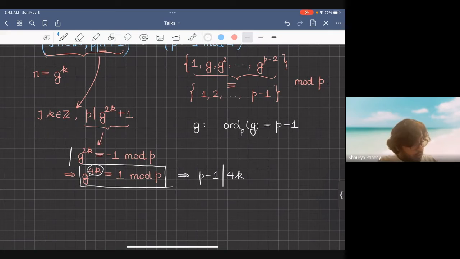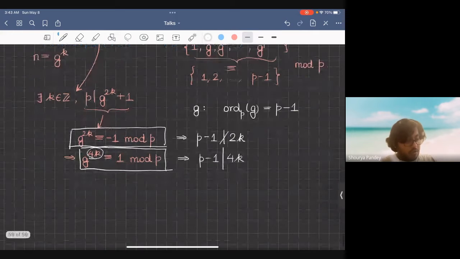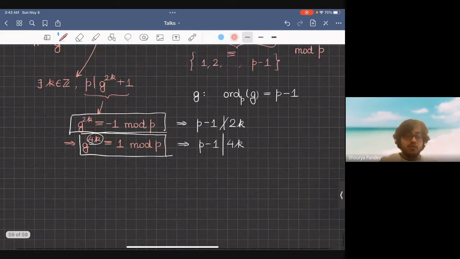But we also know that the order is not a factor of 2k. So what can we say from these two? It's a factor of 4k, but it's not a factor of 2k. So what can we say about p?